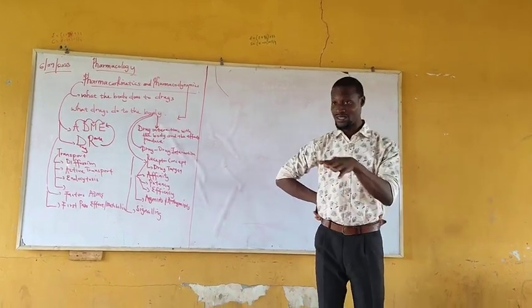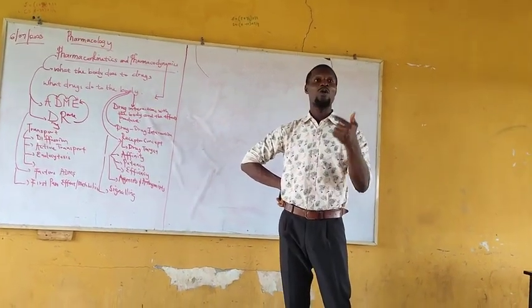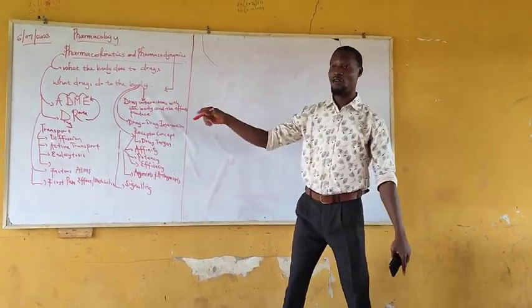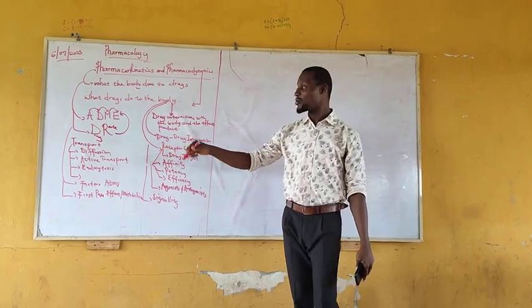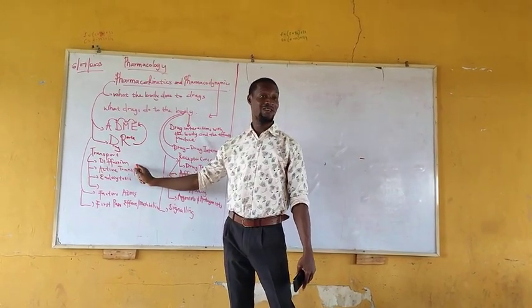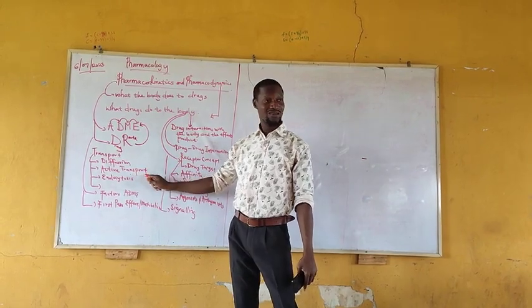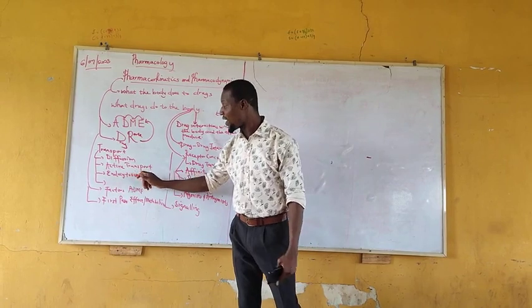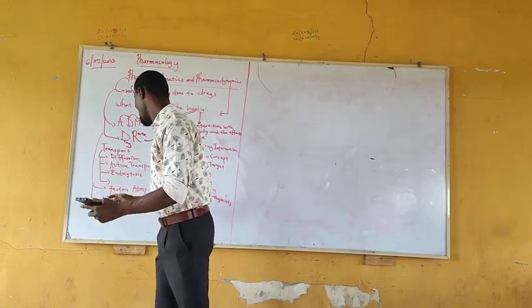If you cannot pass through it, stay outside. So once those things cannot pass through, they must find another way of entering. That's the reason we talk about transport. If you cannot go in by passive diffusion, can it come in by active transport or facilitated diffusion?